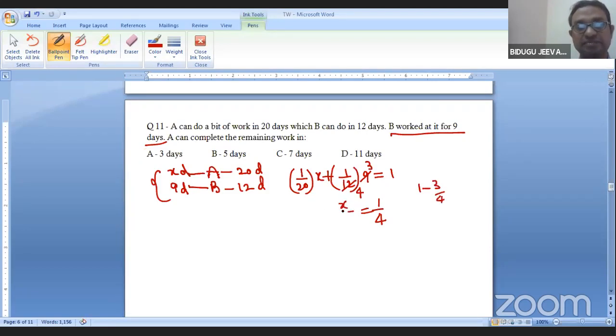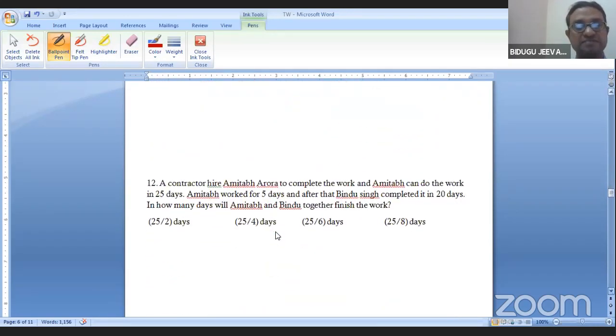It is nothing but x by 20. So x is equal to 5. So what is the answer? A completed the remaining work in 5 days. Definitely 5. Is it right? Clear? So I think this is a similar question to the one we did previously.